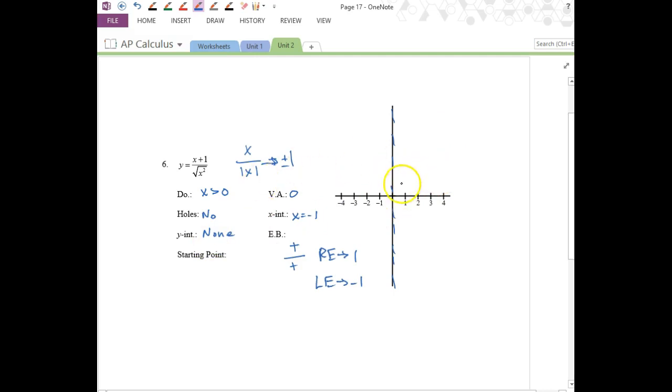We have 2 horizontal asymptotes. We had 1 at 1, 1 at -1, right? We have an x-intercept at -1. Did I graph everything? Okay, I think we got everything.